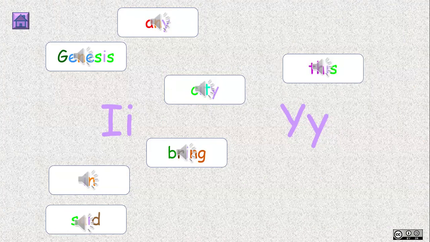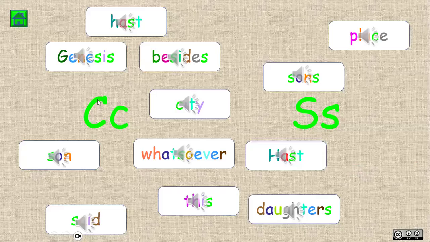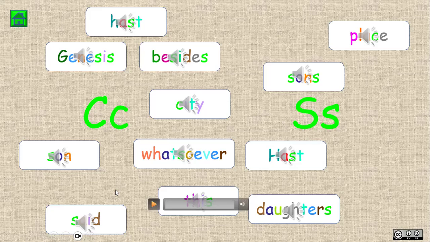Okay, and the last sound is that green S. So that's in a lot of words today. S, s, s. And we'll go to that page and we'll find all that word put together, where it says this.